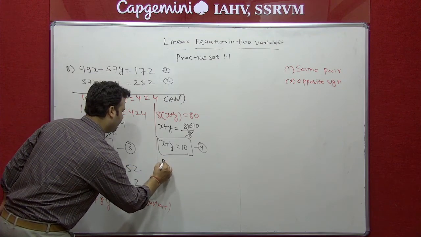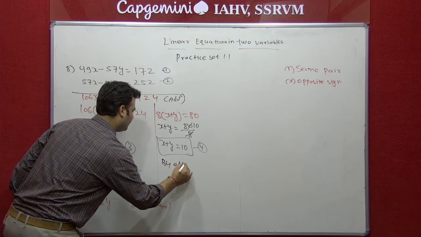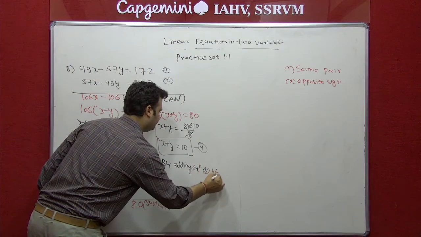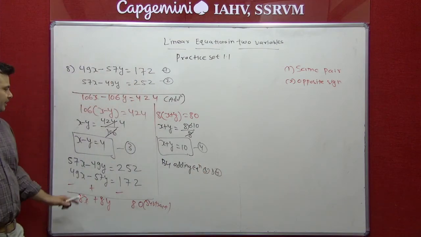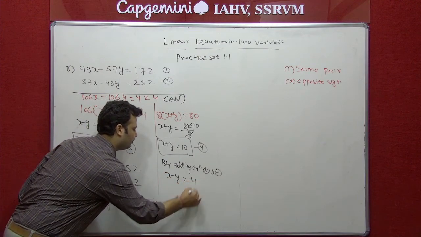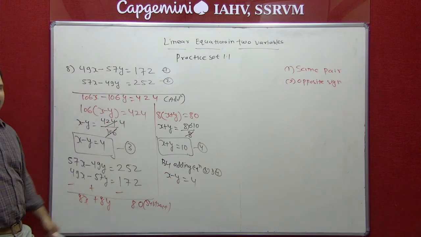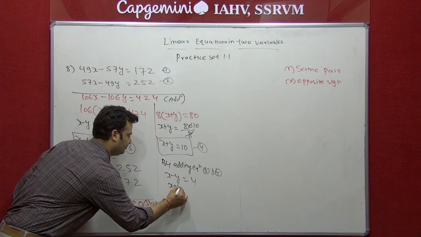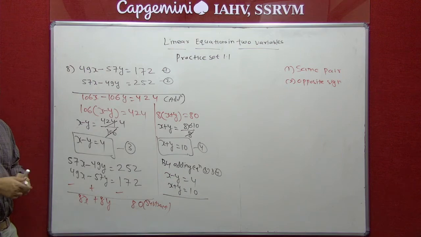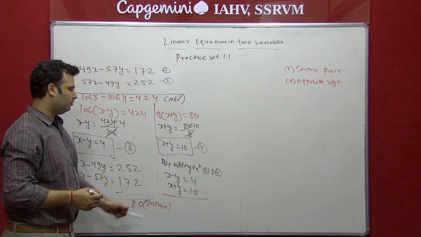So let's take equation number 3 and 4 and add them. What is equation number 3? Equation number 3 is given x minus y equal to 4 and x plus y equal to 10. Whenever you add, it is simple, already opposite sign is given.